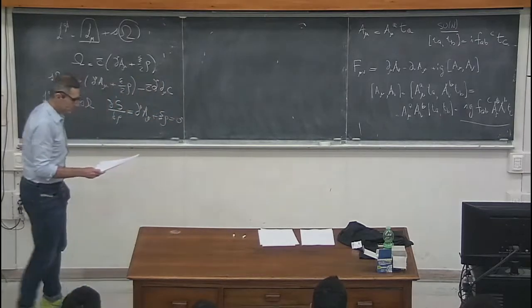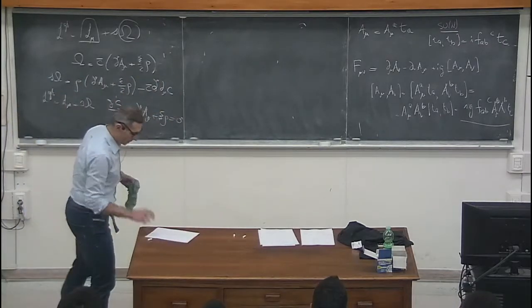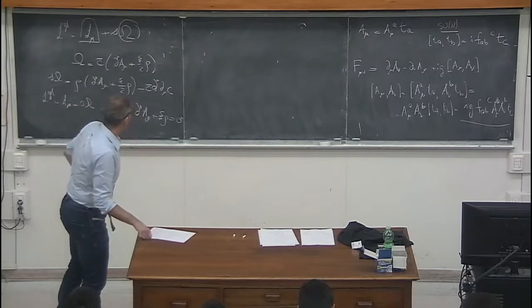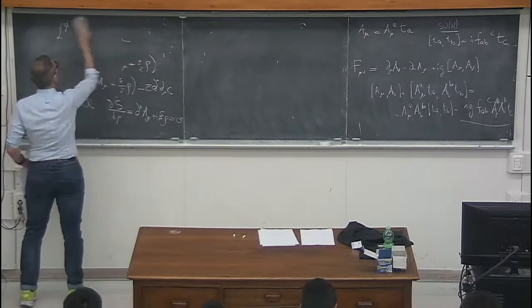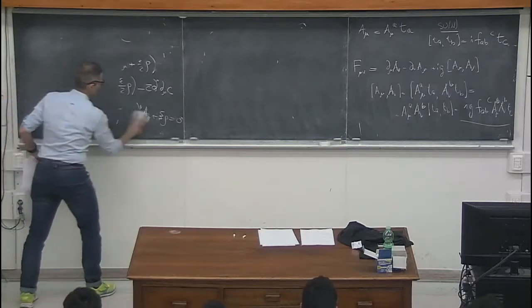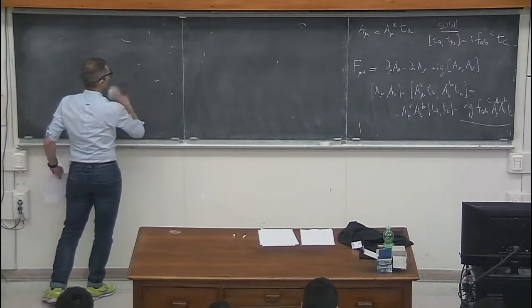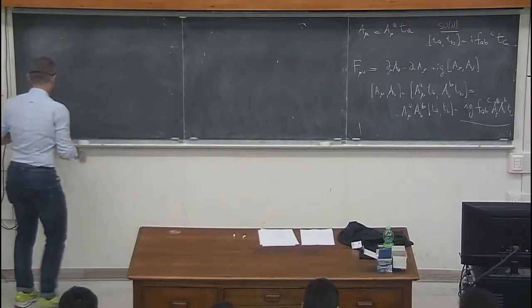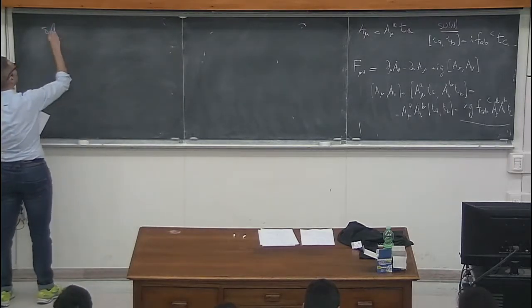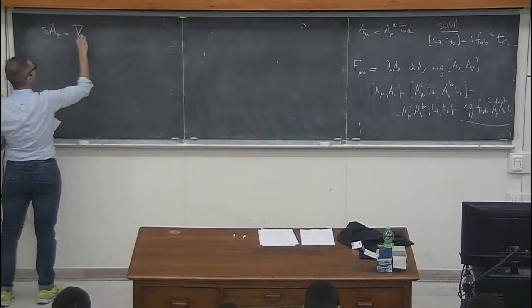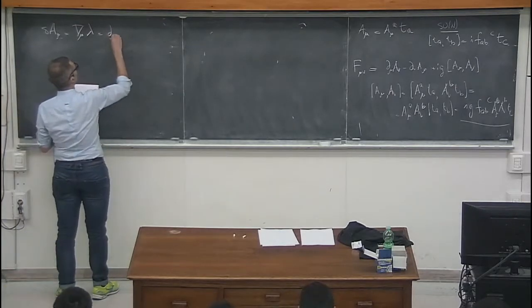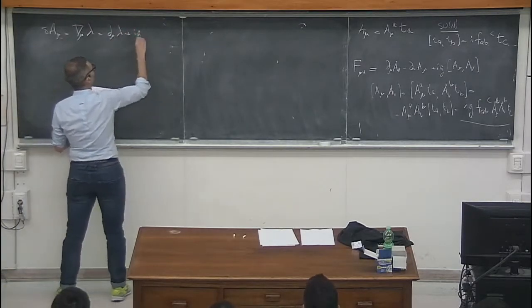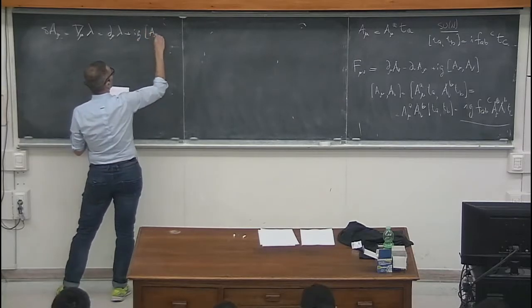One thing that you have to remember is how the gauge transformation goes. The gauge transformation of the gauge field is the gauge covariant derivative of lambda, D_μ λ = ∂_μ λ + i g [A_μ, λ].